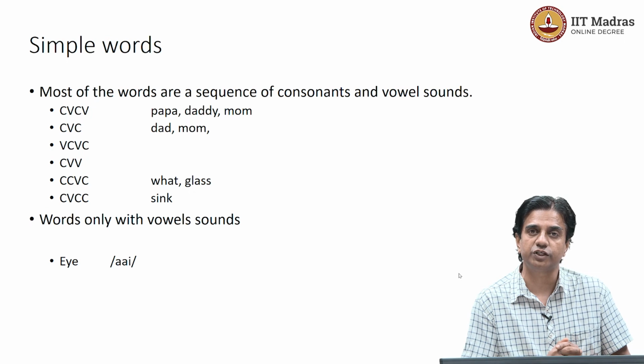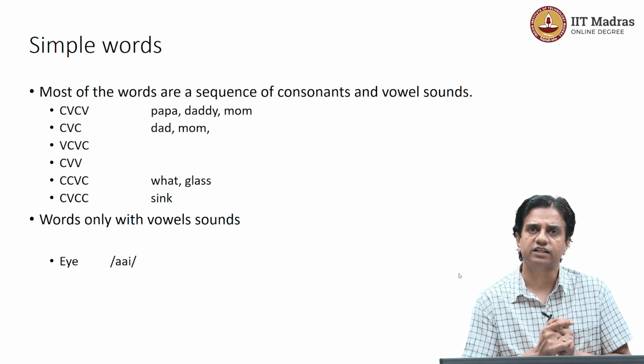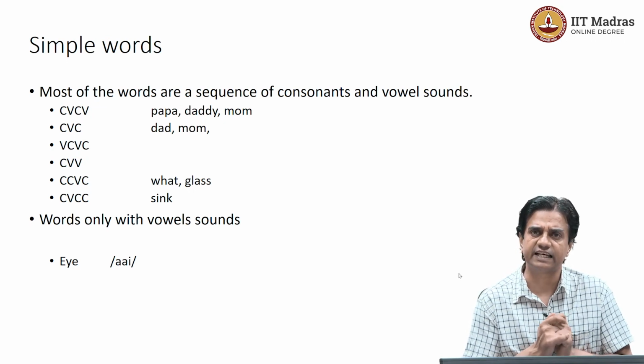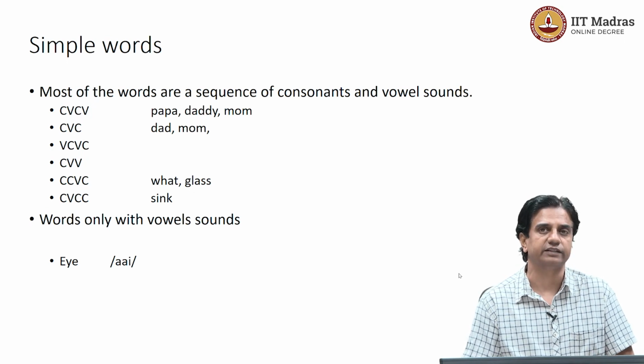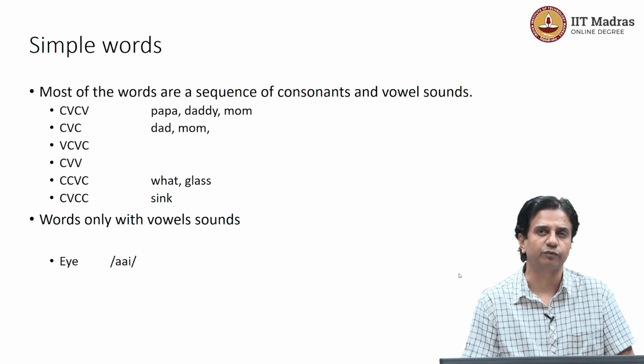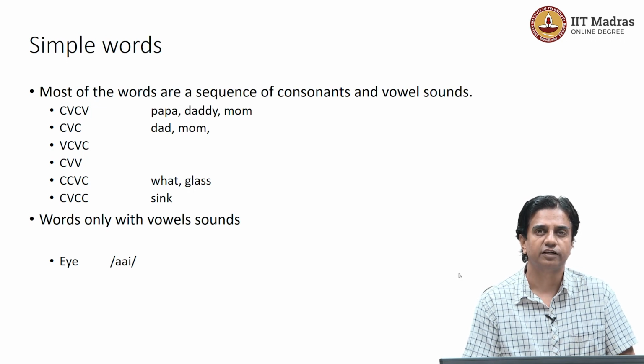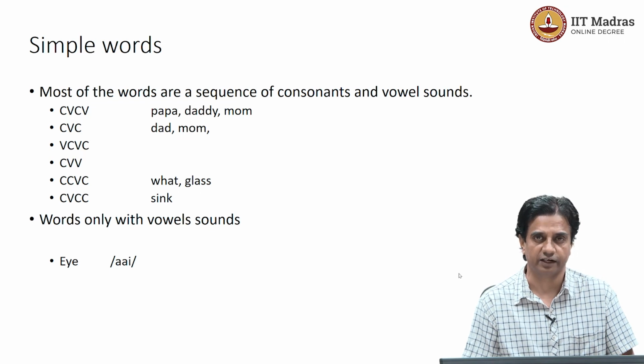And for that purpose, we need to look inside the word to see how these sounds are organized. Is there any pattern in it? There is a mathematical pattern. It's a very simple pattern, and once we pay attention to that, we become careful in understanding it. We know the composition very clearly.